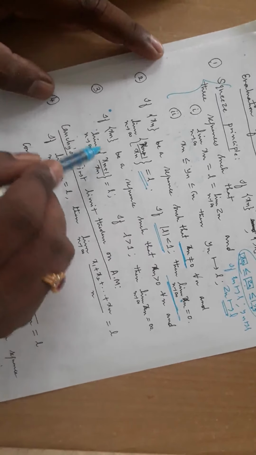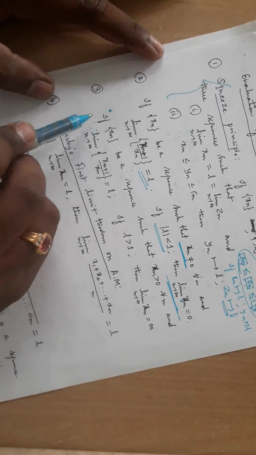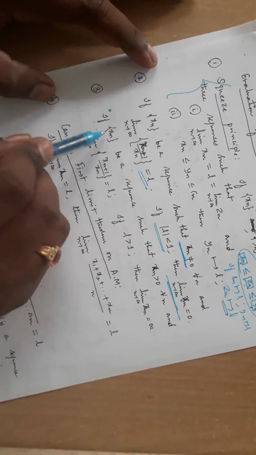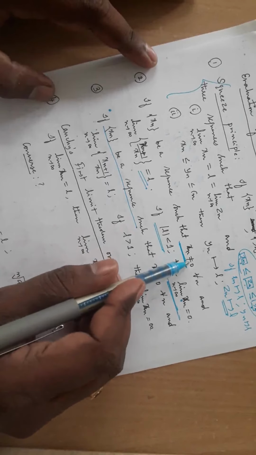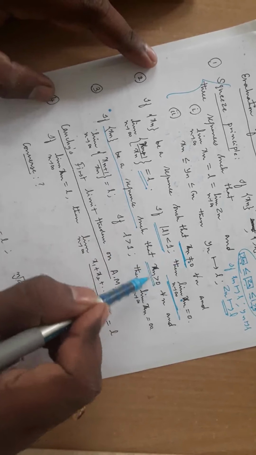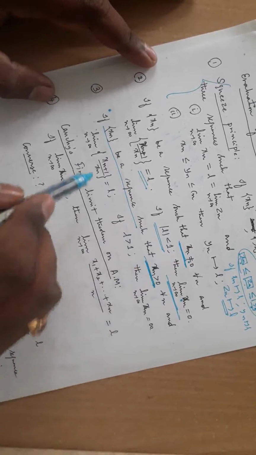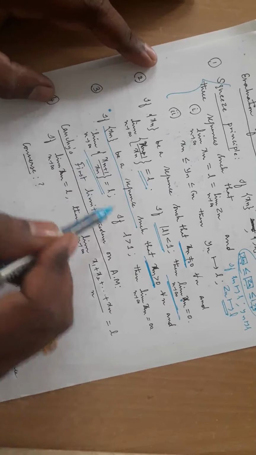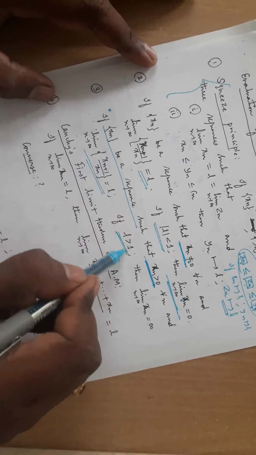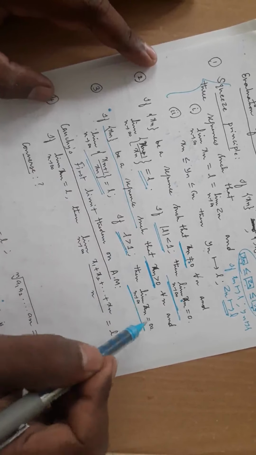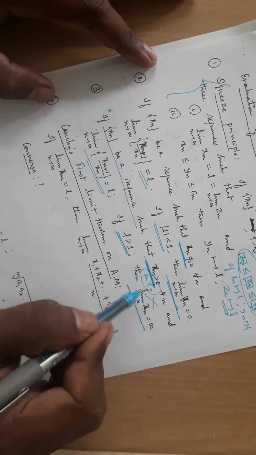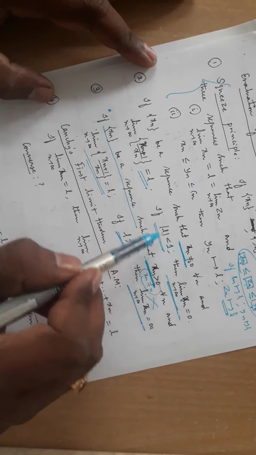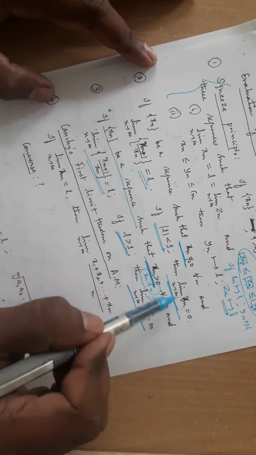The next result is similar, but one thing you should observe keenly. Let xn be a sequence such that here he has given xn is positive, not just xn not equal to 0. Then he has given the same thing, but L is greater than 1. Then this will work. If xn is not equal to 0 and L is less than 1, definitely the limit of xn is 0.